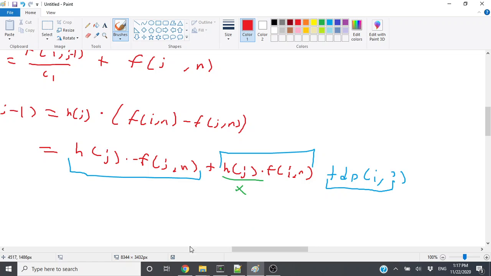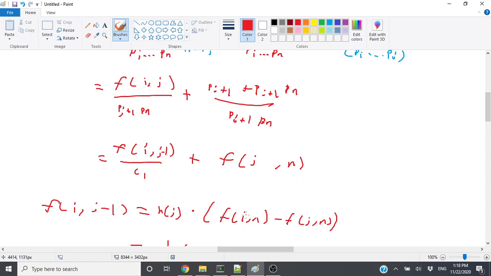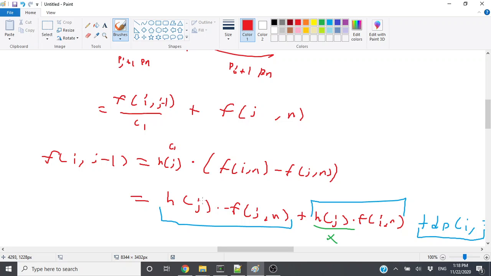What is h? What did I define as h? I don't even remember. Right, I said it was some constant. Like this is C1. Specifically, it's Pj to Pn.